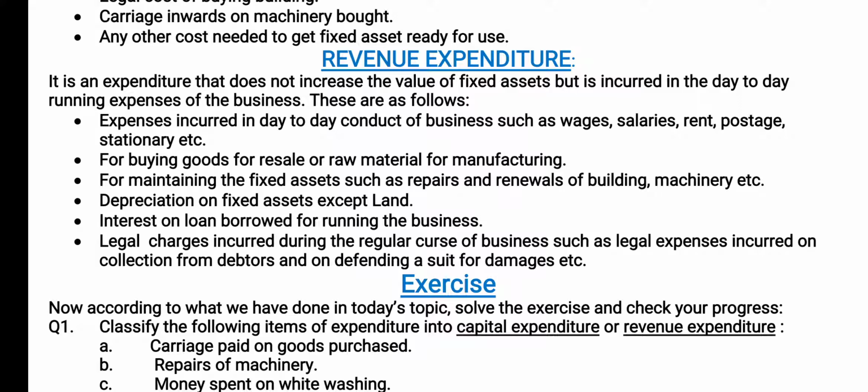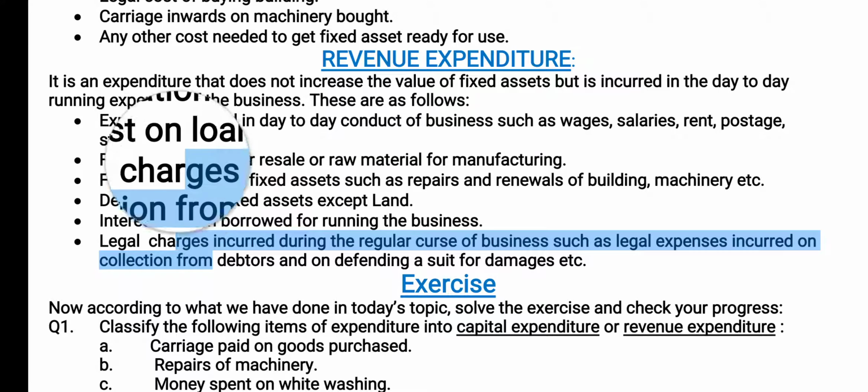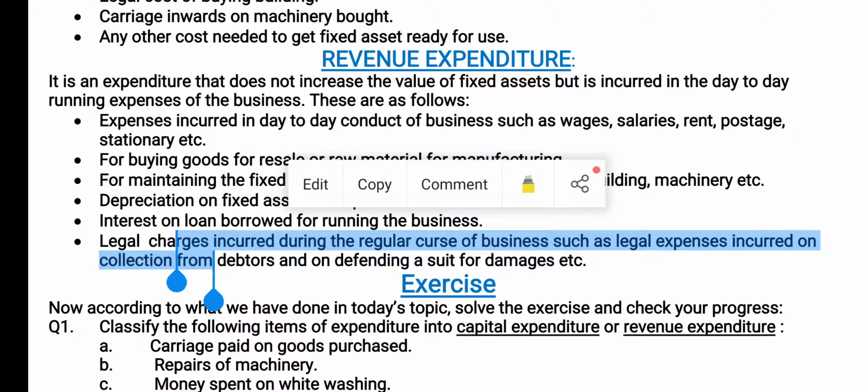Let's take an example: I have to produce sugar. For producing that sugar, I need sugar cane. So that sugar cane will become the raw material of my manufacturing unit. If I have spent money on buying the raw material for my finished good, that will be part of revenue expenditure.